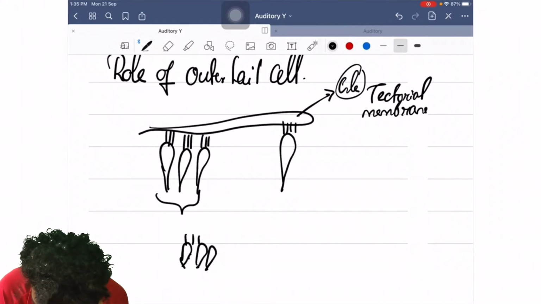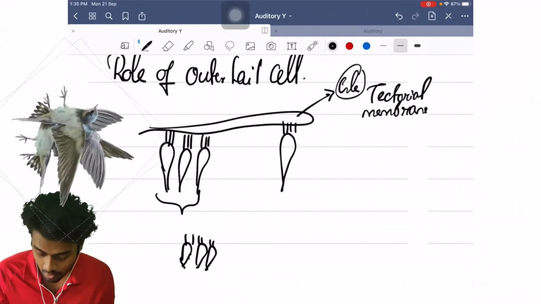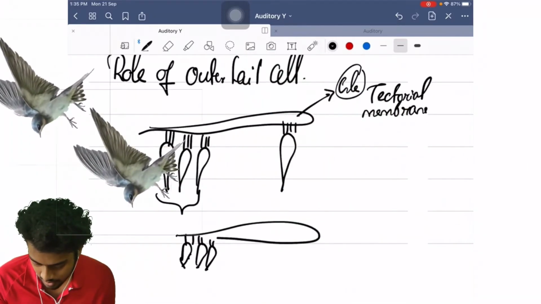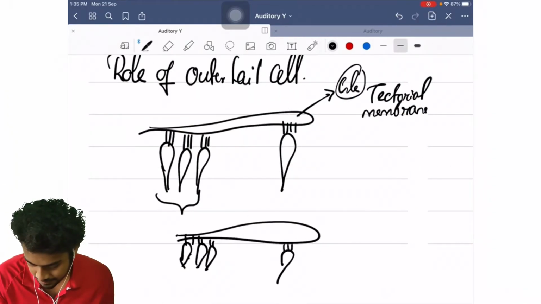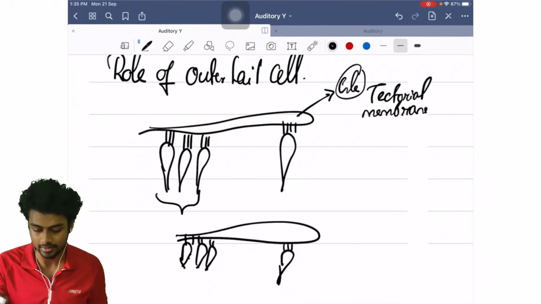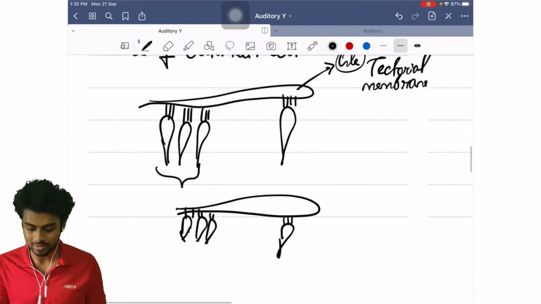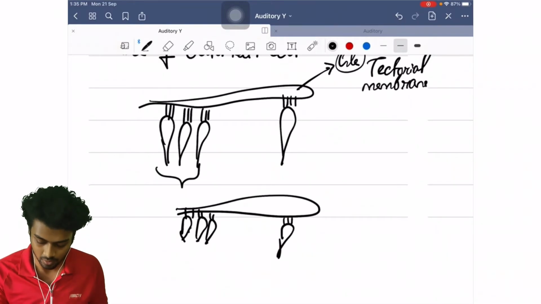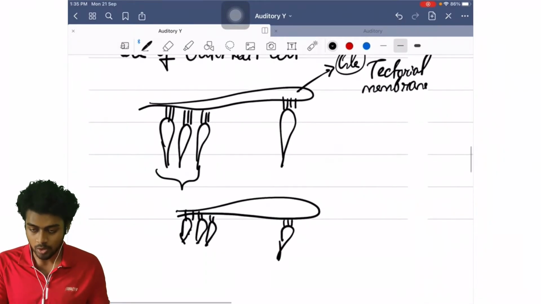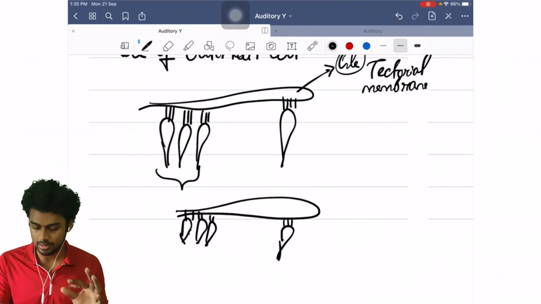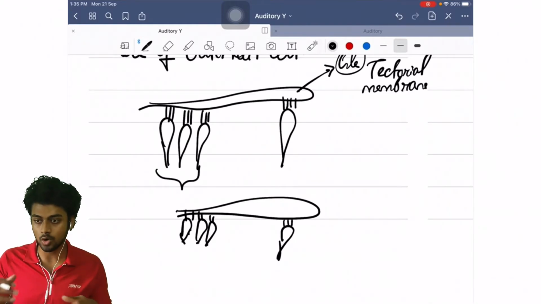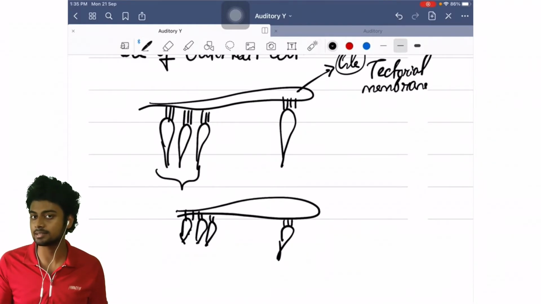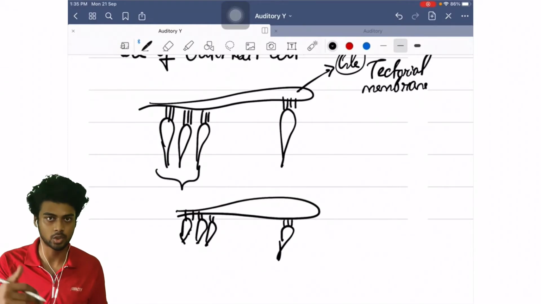So what they do is establish a very close contact between the inner hair cells and the tectorial membrane. This in turn causes a release of more impulses to the peripheral process of the spiral ganglia. So if the outer hair cells get stimulated, they become shortened and establish a closer contact between the inner hair cells and the tectorial membrane.